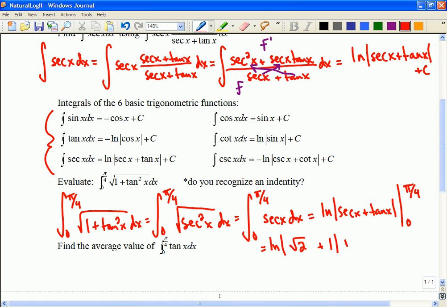And the natural log of secant 0 is just 1, and tangent of 0 is 0. So that gives me natural log of root 2, take away natural log of 1, and I guess we would probably write that as 1/2 the natural log of 2, and natural log of 1 is 0, so that's our answer.